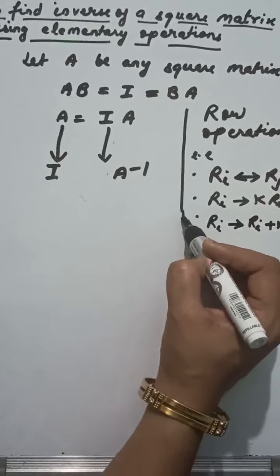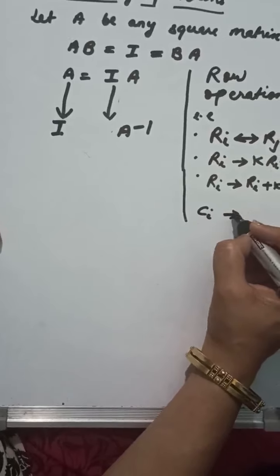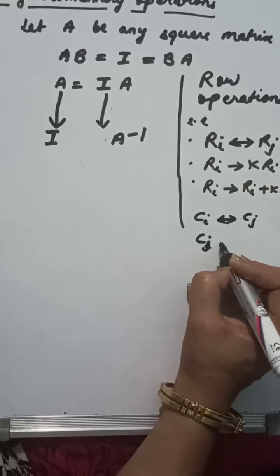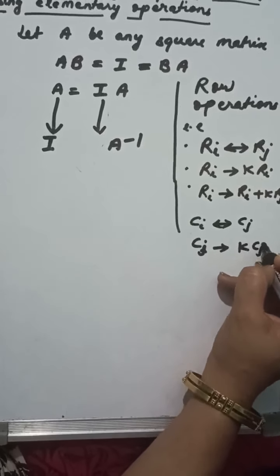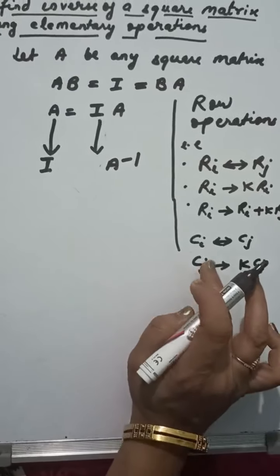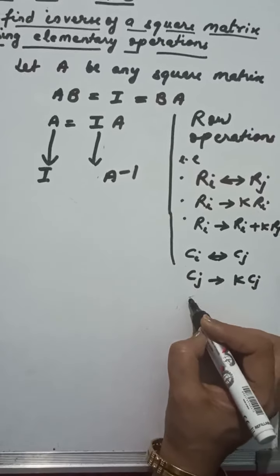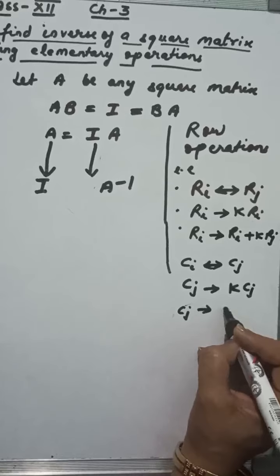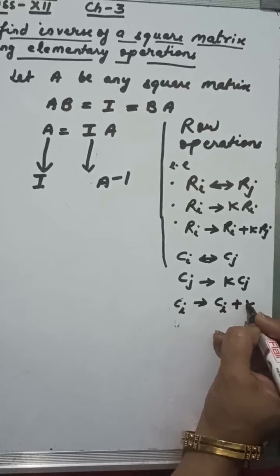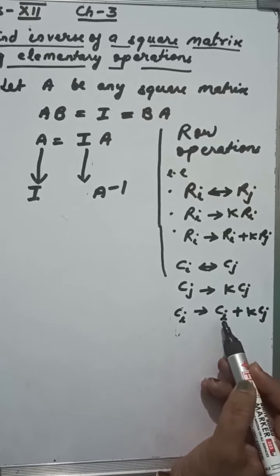And the same type of column operations are there, that is Ci double arrow Cj, Ci arrow K times Ci. The first operation means you can interchange any two columns. The second means you can multiply any column by some constant K. And the third means you can multiply any column by some constant and add to any other column.